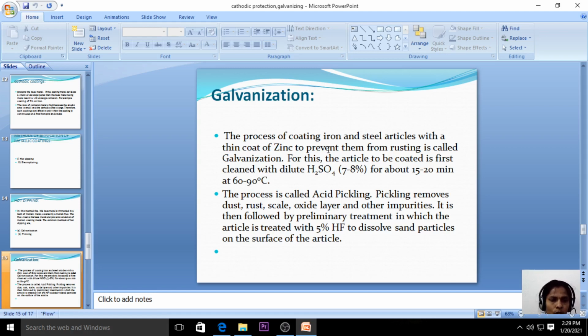The cleaning of base metal with sulfuric acid is called the acid pickling process. Acid pickling is nothing but cleaning or washing with acid.